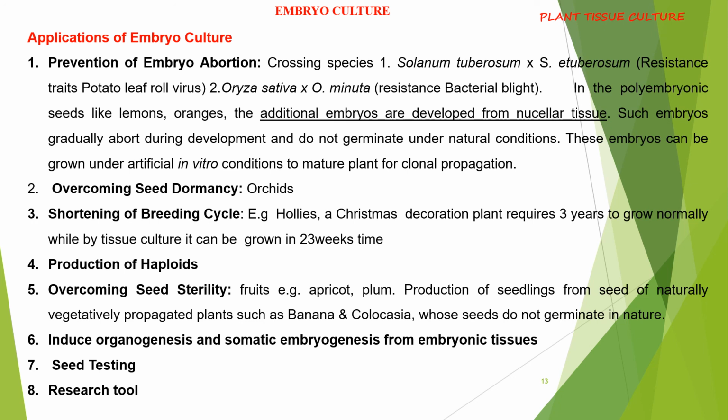In certain plants, embryo culture helps in shortening the breeding cycle. The embryos are excised and cultured in vitro to develop into plants in a very short duration. Embryo culture is successful in obtaining haploid plants.